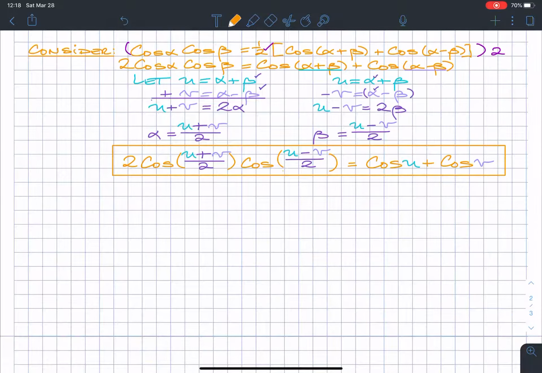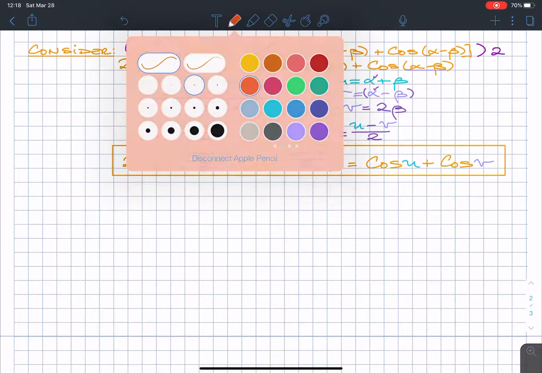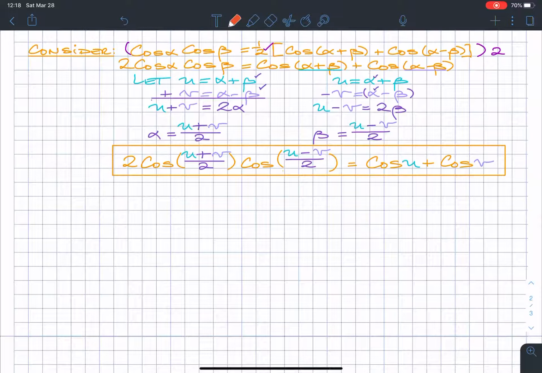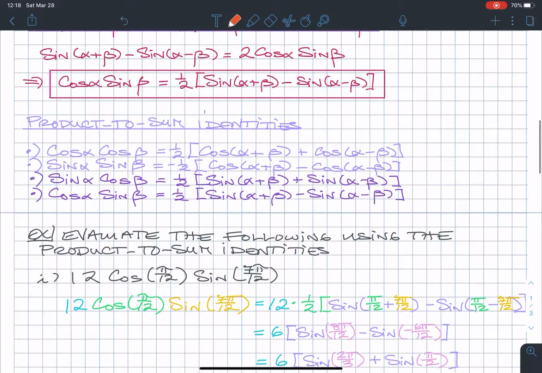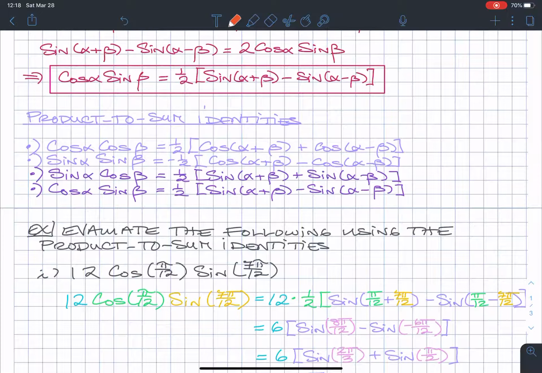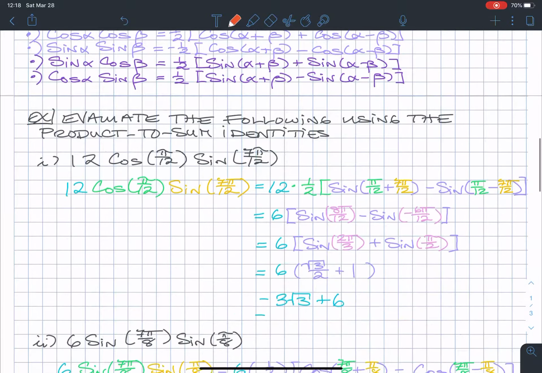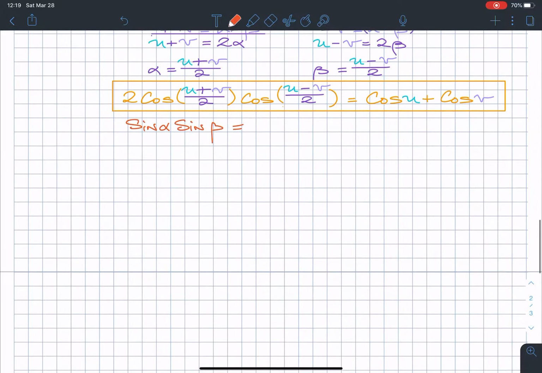Okay, so let's do the same thing with sine alpha, sine beta. Let's go back up and see. Sine alpha, sine beta was negative 1/2 cosine of the difference. So this is going to be negative 1/2 times cosine of alpha plus beta minus cosine of alpha minus beta.